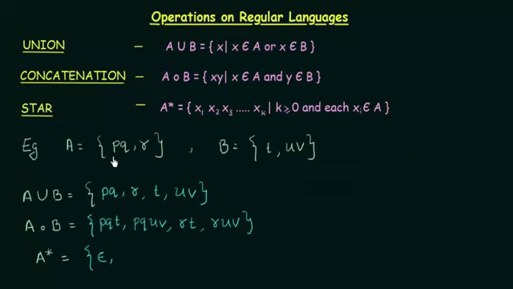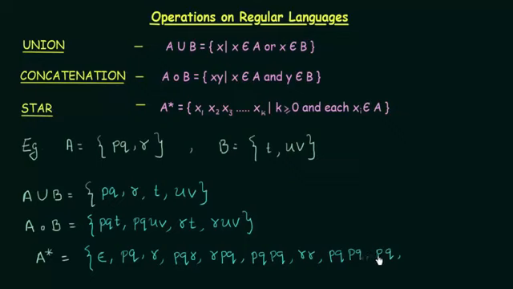Alright, and the second one would be PQ just by itself, and R just by itself. Now let me join PQ and R. I can join PQ and R, right? I can also put R first and then PQ, or I could join PQ with itself, PQ PQ, or I could join R with itself, R R, or I could join PQ three times, PQ PQ PQ, oh sorry, there should be no comma over here.